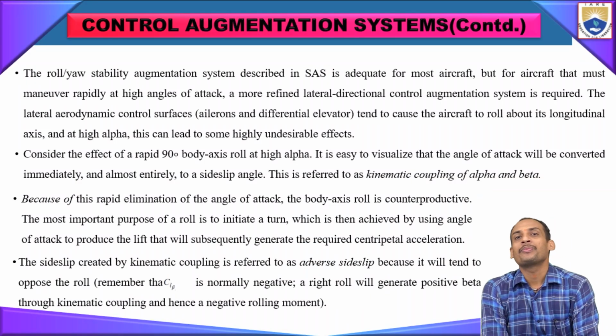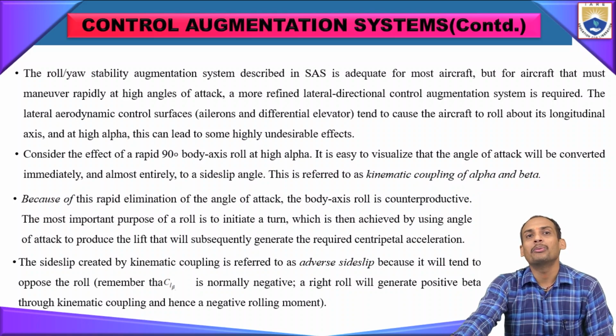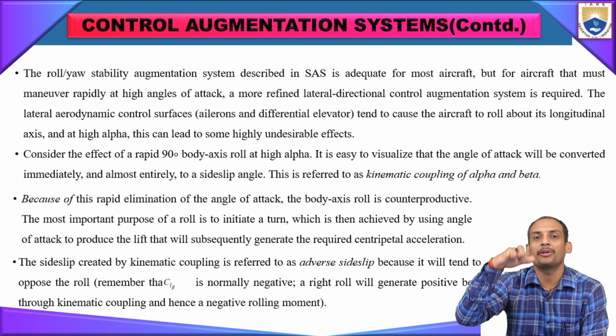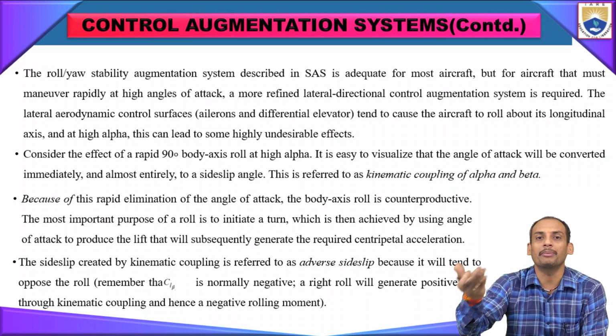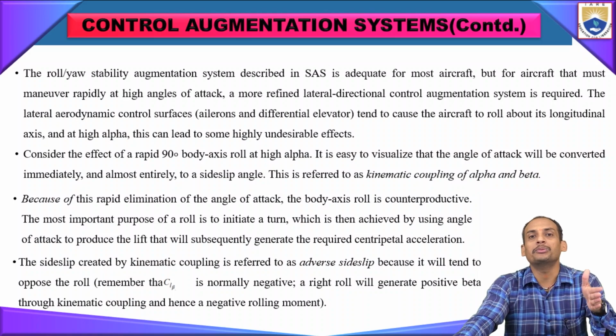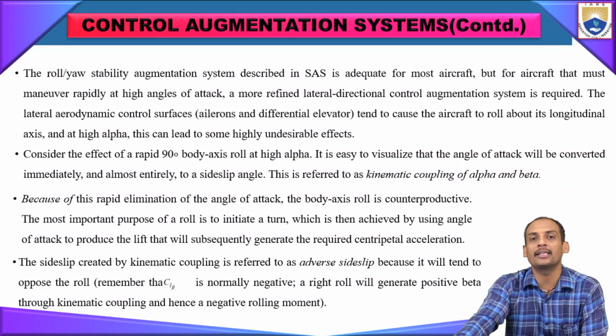See here, as we already said, when we operate a control surface for pitch up or pitch down, or for a rolling movement or yawing movement, we use it to make the aircraft turn in the respective direction. But we may not get higher pitch rates and higher attitude rates every time.